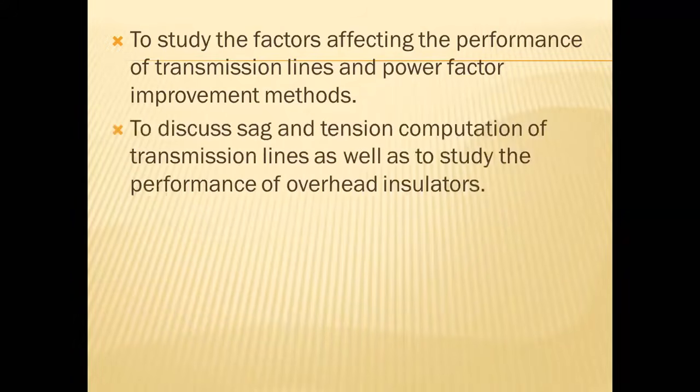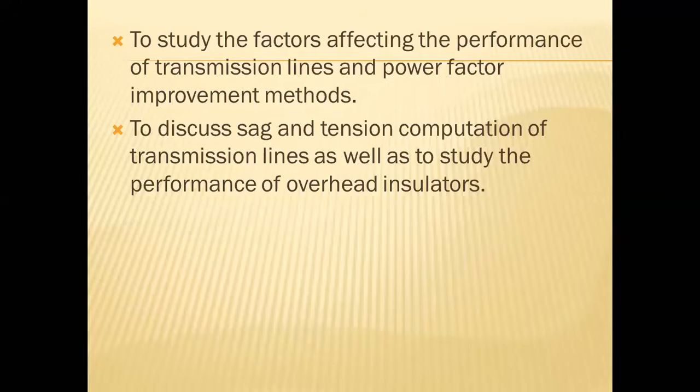When a transmission line is erected, as the line is suspended between two supports, two towers or two poles, the transmission line will not be a straight line between the two supports. I think you visualize this. It will be slightly in the form of a catenary.